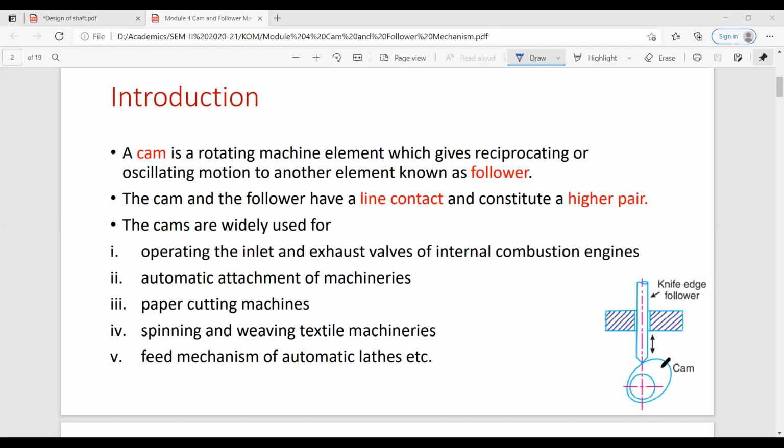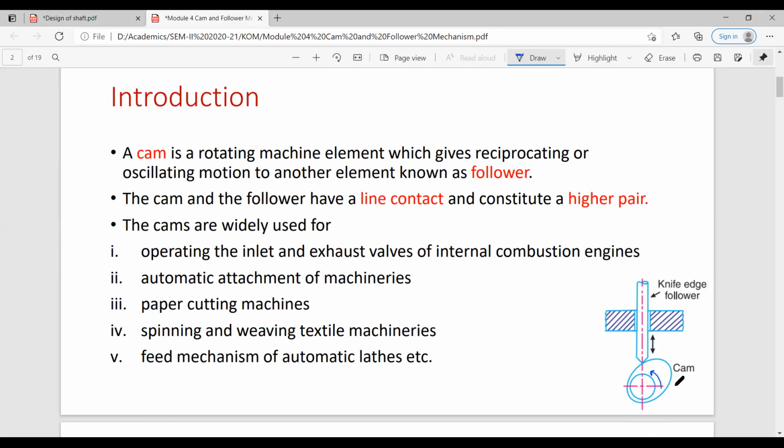This is a cam element, and over this element another element is in direct contact. The cam is mounted on a shaft. When the cam rotates, turning about this axis, as the follower is in contact with the cam surface, the follower will reciprocate like this.